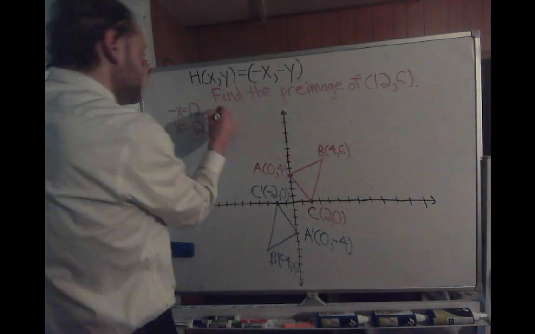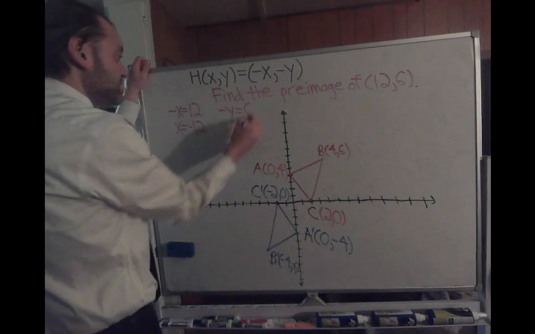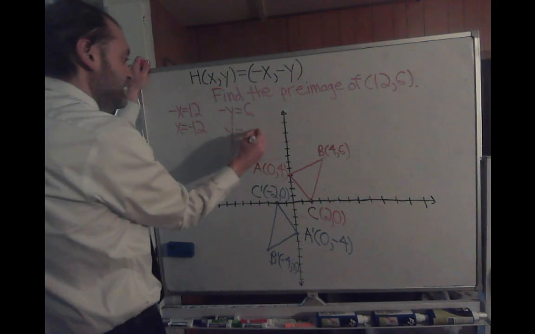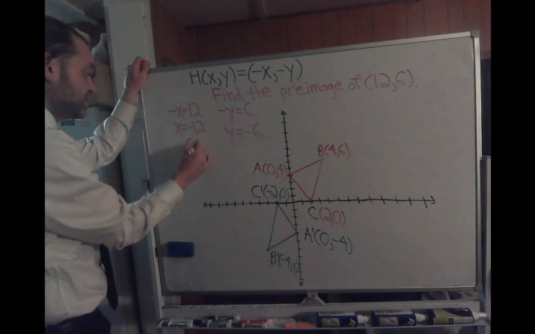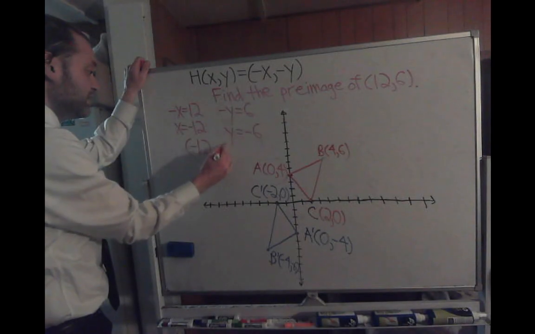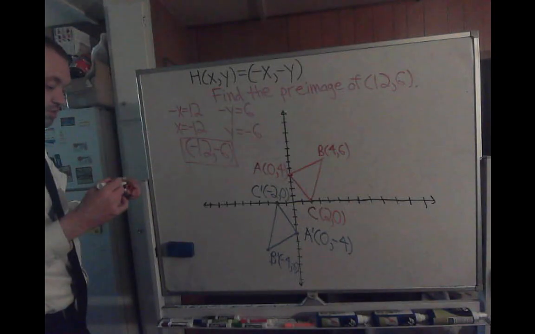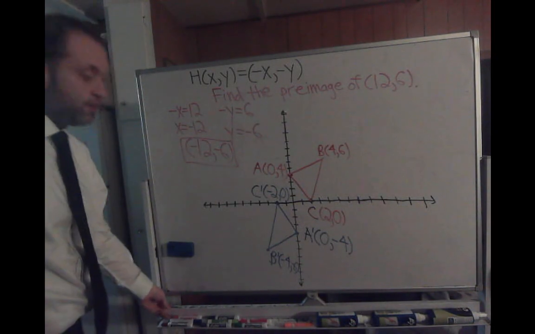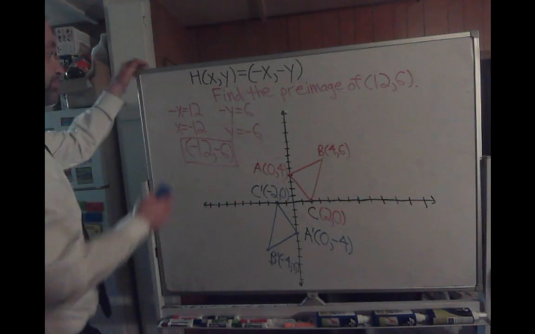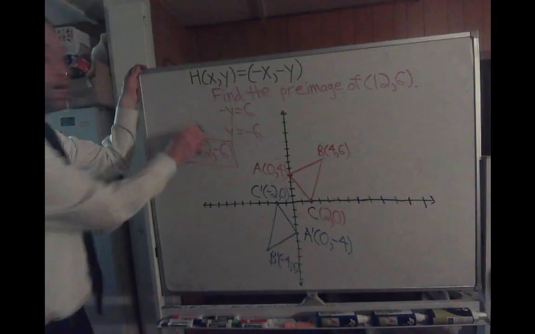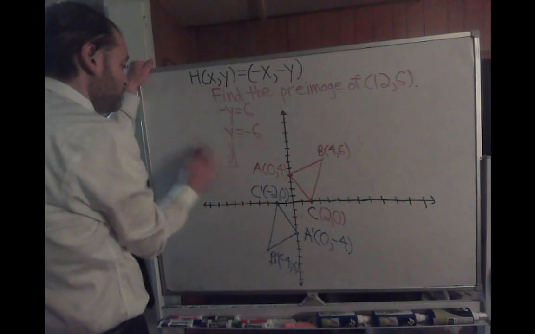Set that 6 equal to negative y, so negative y equals 6. That means y equals negative 6. So the preimage of 12, 6 in this case would be negative 12, negative 6. That would be your preimage. So pretty easy there. And you got a really cool reflection, which happens to be an isometry. Alright, I think we only have 2 more. We're almost there, folks. 2 more.